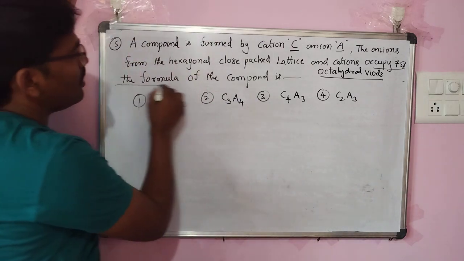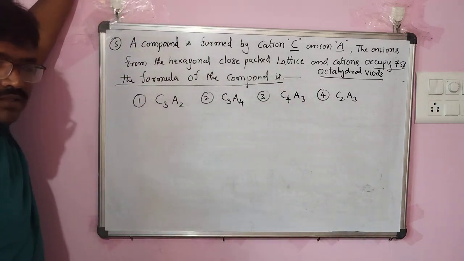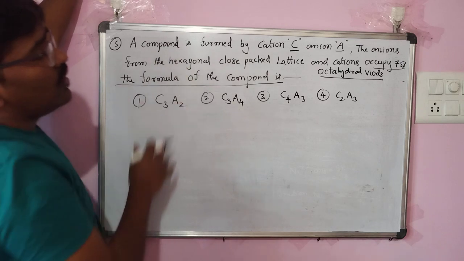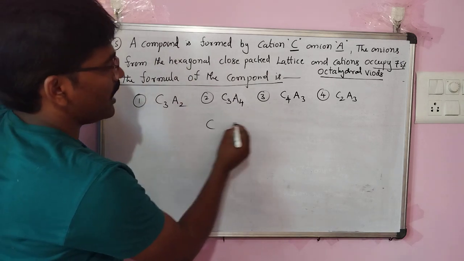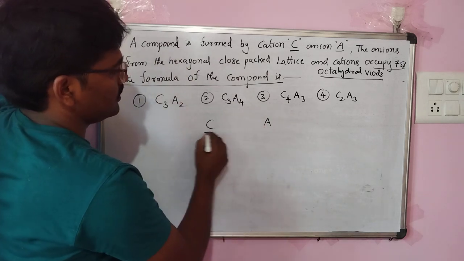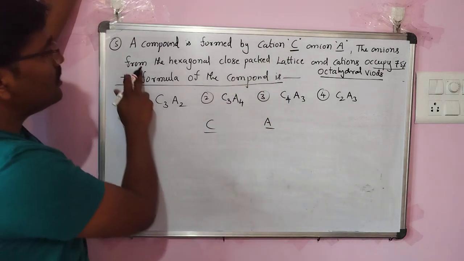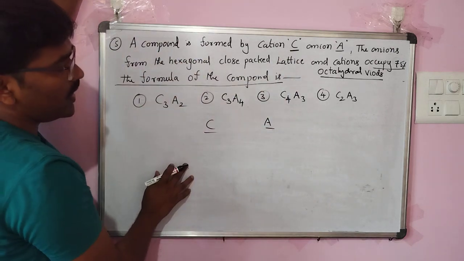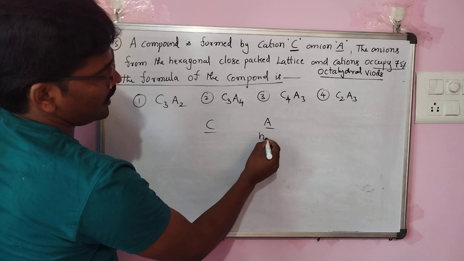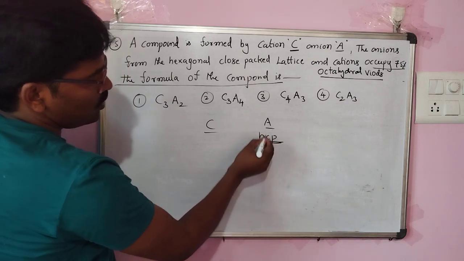Then the formula of the compound is, they are asking. The compound is formed by cations C and anions A. So the anions form hexagonal close packing, HCP.